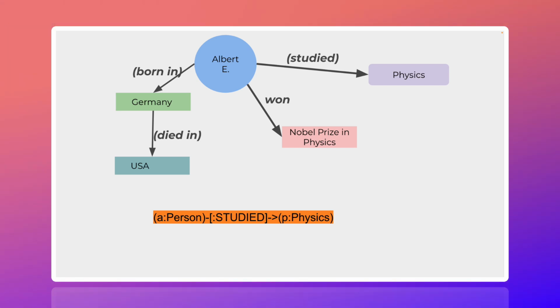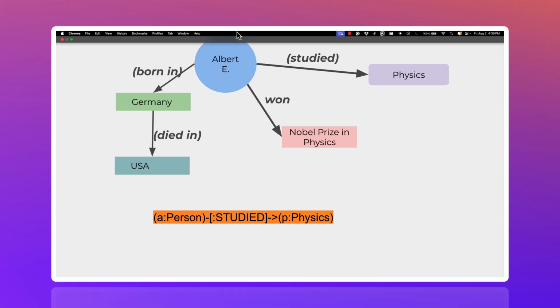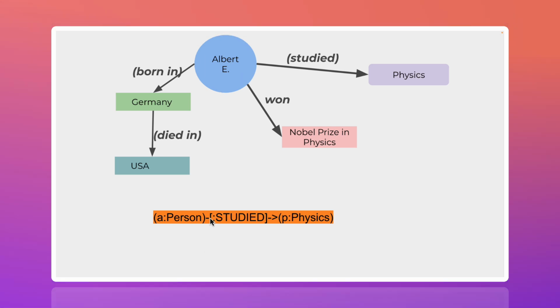You can see that we're creating a variable a, and the type is a person, and we have this arrow with square brackets, and we have studied. So studied is indeed this here. That is the relationship, that is the edge. So we're saying here the person a and the variable p, which represents physics. So person a in this case is going to be Albert. We're saying the relationship between Albert and physics is that he studied.